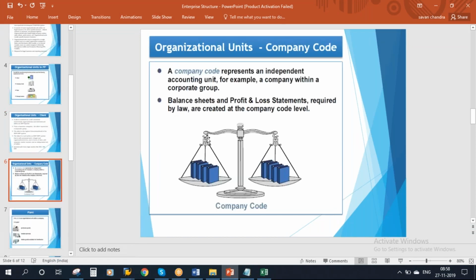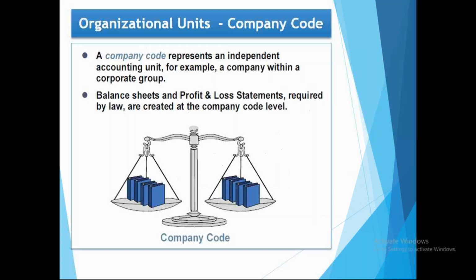Next is company code. What is company code? Basically company code is for finance people, not for us, but as a PP consultant you should know what a company code is. A company code represents an independent accounting unit, for example, a company within a corporate group.